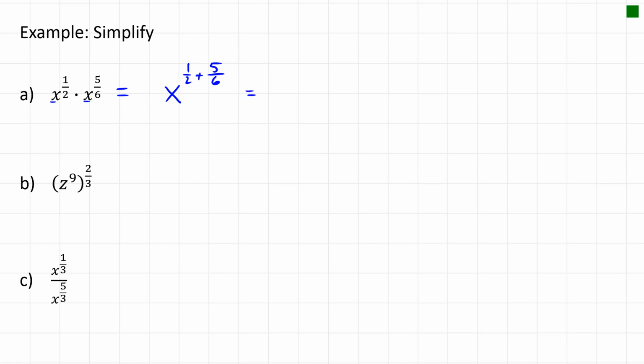And to add those two powers, I would need to have the same denominators in each power. So x to the 1/2, I'm going to write this as 3 over 6 plus 5 over 6, which is x to the power of 11 over 6. And that's it. If you're not told to write that in radical form, don't write it in radical form. Just leave it as exponents.